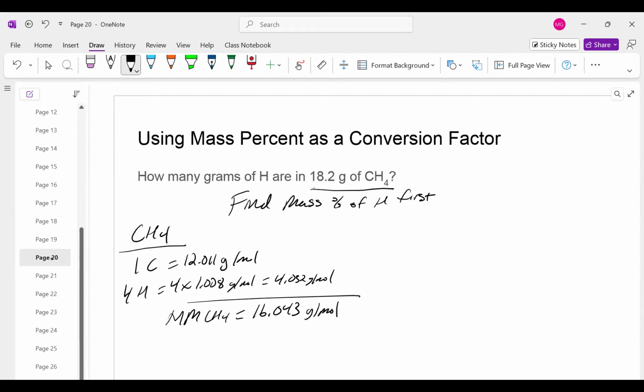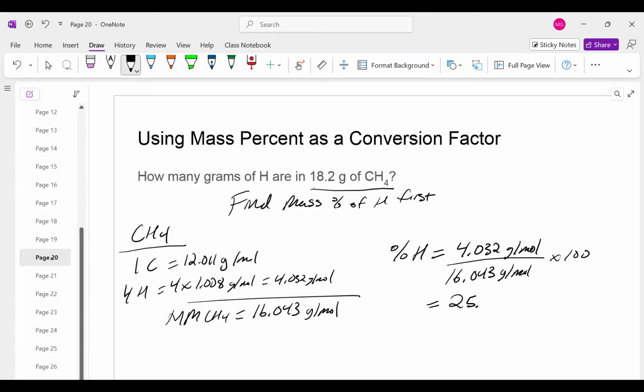Now to find the mass percent of hydrogen in CH4, I'm going to take hydrogen's molar mass. So again, that's multiplied by 4 because there's 4 hydrogens in the formula. And divide that by the whole thing, the molar mass of CH4.